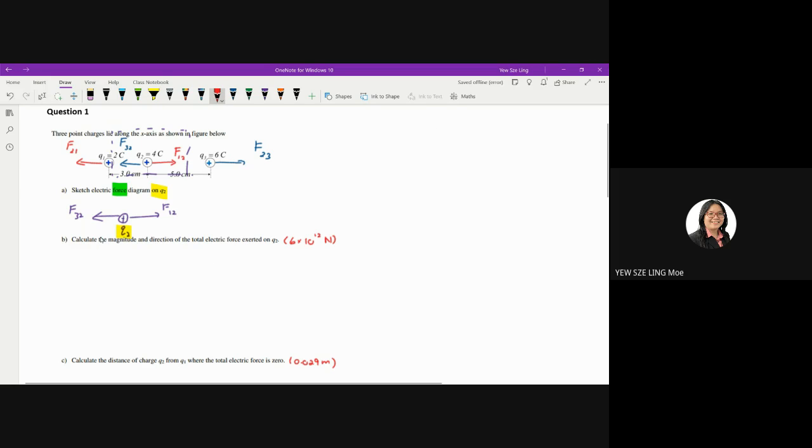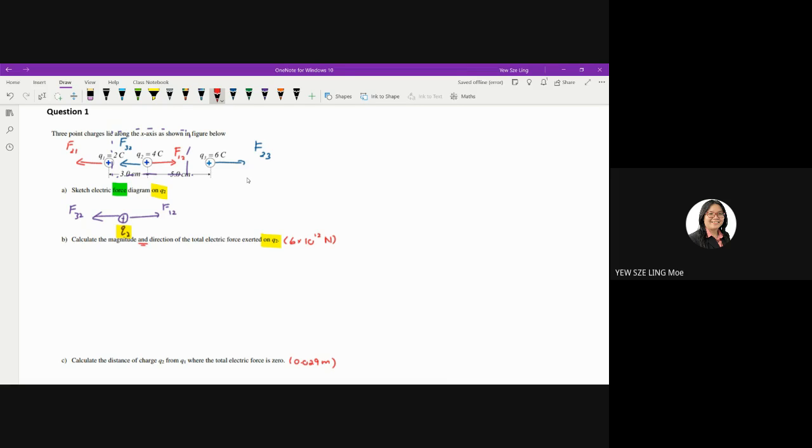So question B: calculate the magnitude and direction of the total force exerted on Q2. You need to determine both things in question B. So once again, we're going to focus on what happens on Q2. Remember, the way we calculate resultant force in this chapter is the same as what we have been doing in SEM 1.